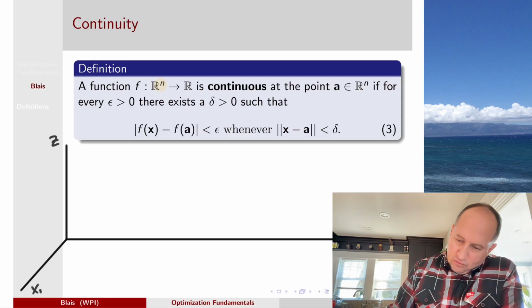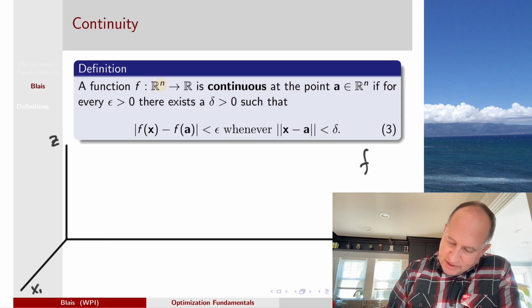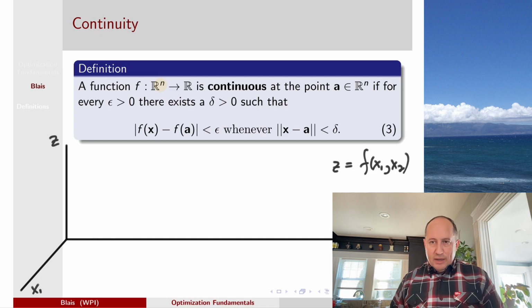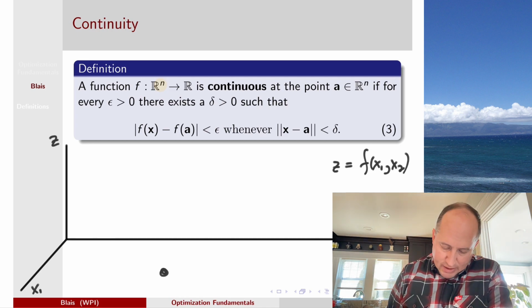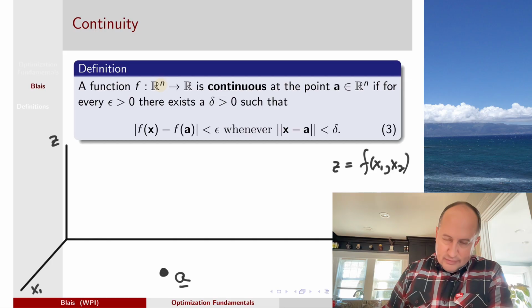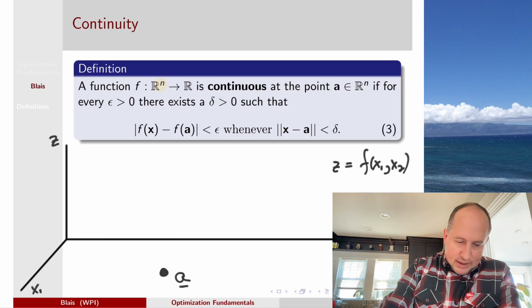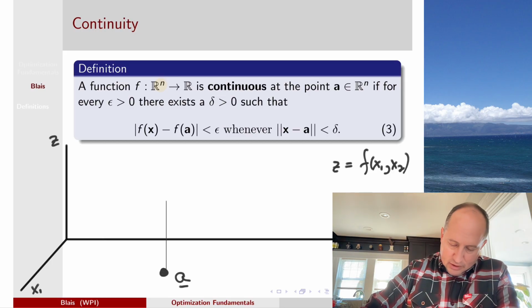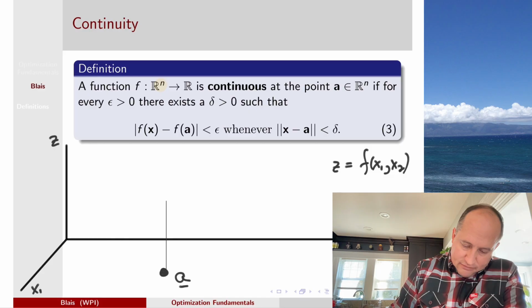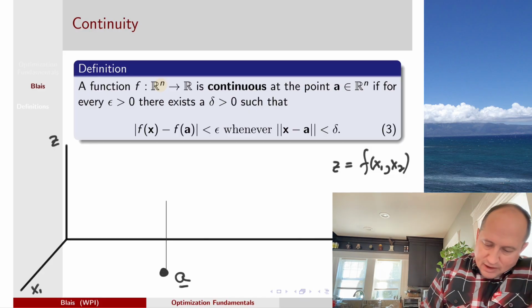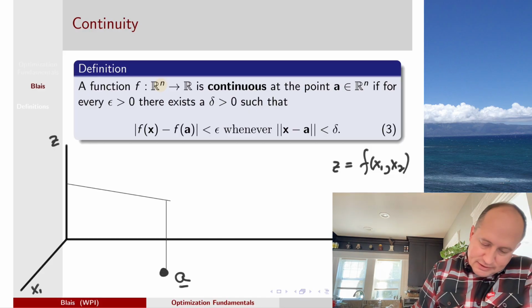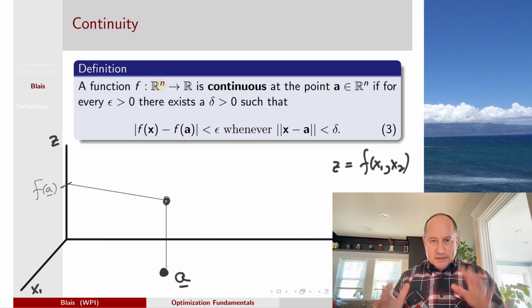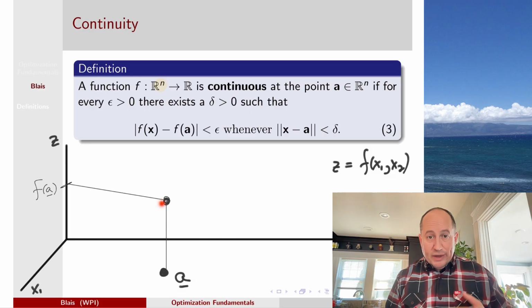So I want us to think of this example where we have a function of two variables, z equals f of x1, x2, and so our domain is down here in the plane. And we will have our function value f of a here on the z-axis. So I want us to think of this being a point on the surface z equals f of x1, x2.